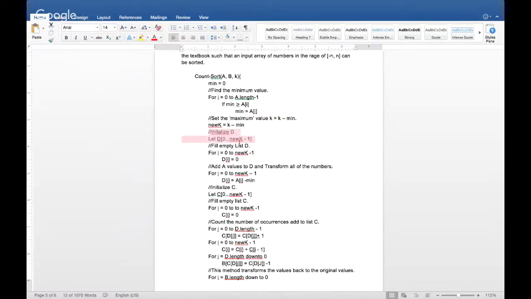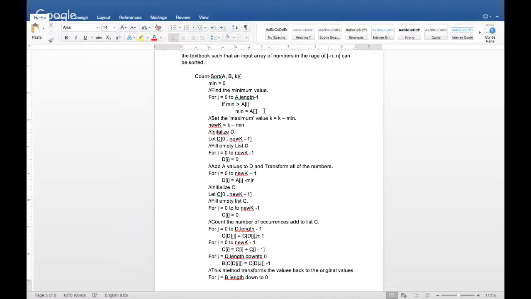Now we initialize D, and we fill D by iterating through. I just used this because this is also in the original algorithm in the book. Next, we add the values in A to D and transform all the numbers. So this is the main part. This is the other main part.